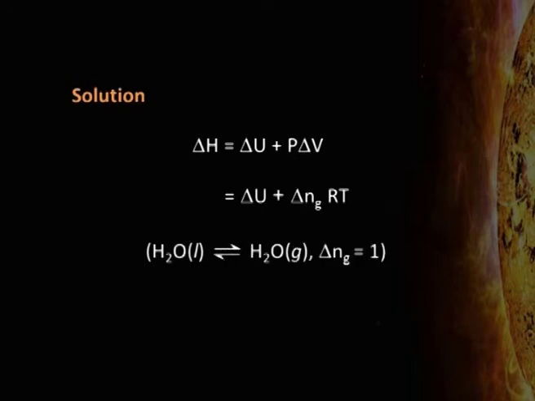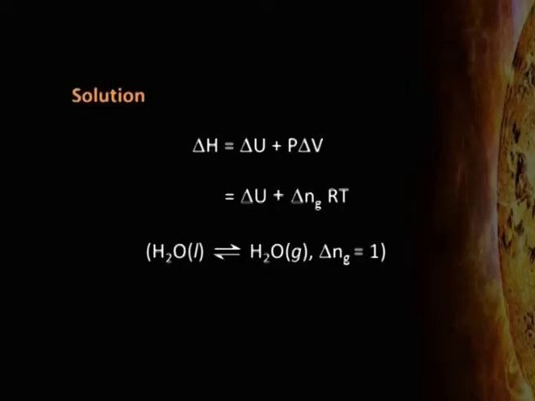Here we have calculated delta H and now we have to calculate delta N. For the equation H2O liquid in equilibrium with H2O gas, delta N gas will be equal to 1 because we are neglecting the volume of liquid water.